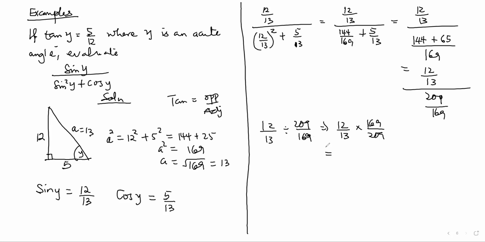Okay. So 13 will go into 169 13 times, and 13 times 12 is 156 over 209. Okay, so let's quickly go over again and see whether we are correct.